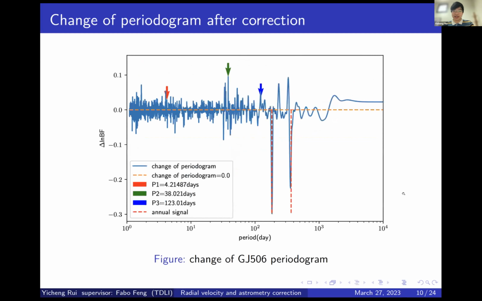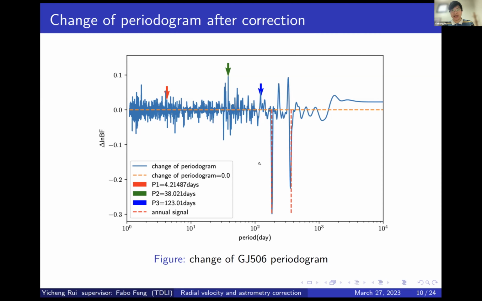We can calculate the periodogram for the target after the correction to see whether it really decreased the annual signal, as we introduced before. So this is the difference of the periodogram after the correction. And we use the Bayes factor periodogram to judge whether a signal with a certain period exists.